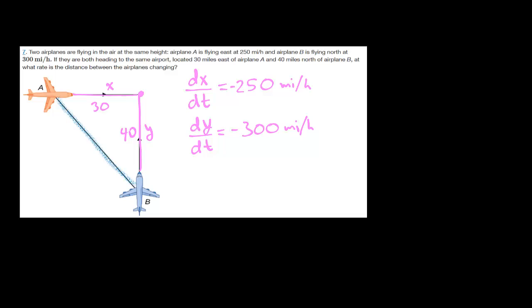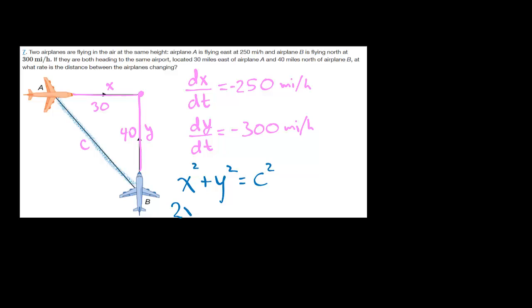So we're looking for a way to relate this hypotenuse over here, which I'll call c, to the other two sides of this triangle. Well, what you might think about is x squared plus y squared is equal to c squared. So there we have x and y and c and how they're related. Now I differentiate.